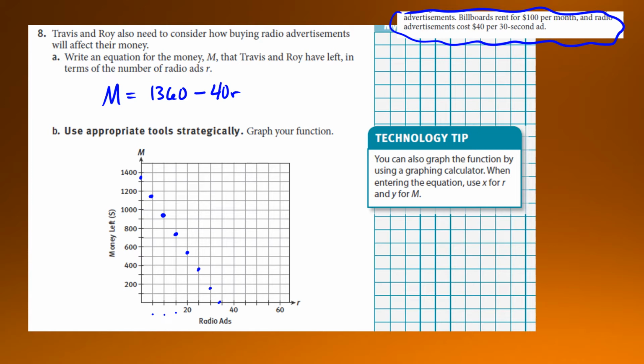Think about that. Make sure you understand it. 40 will only go into $1,360 34 times. So that's the most radio ads they could possibly buy.